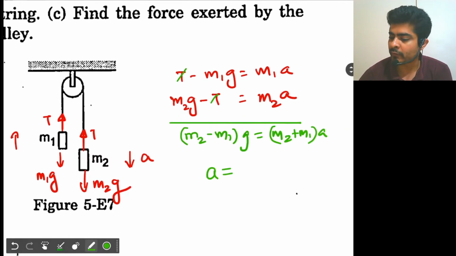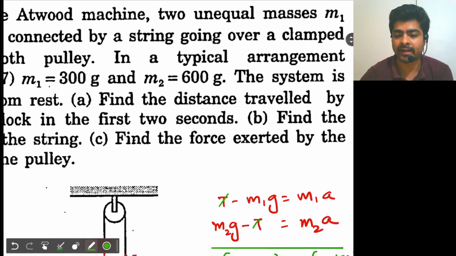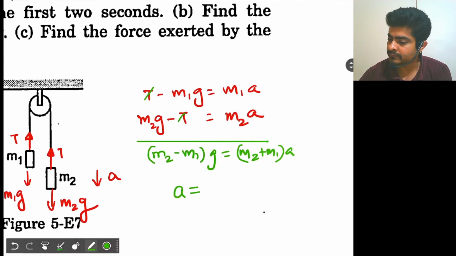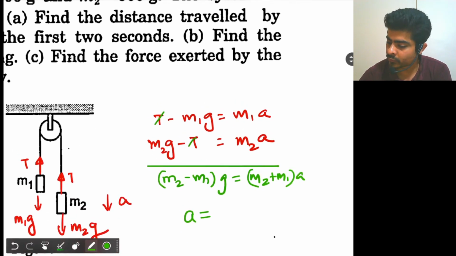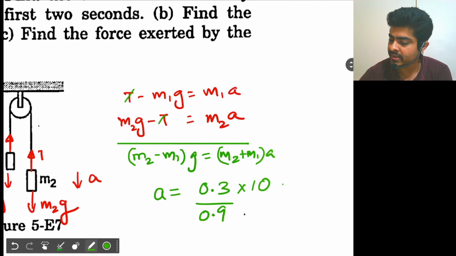So we can find the value of A as M2 is given as 600 gram, or that is 0.6 kilogram. M1 is 0.3 kilogram. So this will be equal to 0.3 into G, let's say 10, divided by 0.9. So your acceleration is 10 by 3 meter per second square.